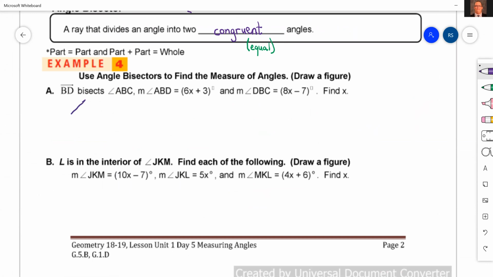So I'm going to draw my big angle, angle A, B, C, and then a ray that starts at B and goes through D is perfectly in the middle here. So the top is congruent or equal to the bottom.